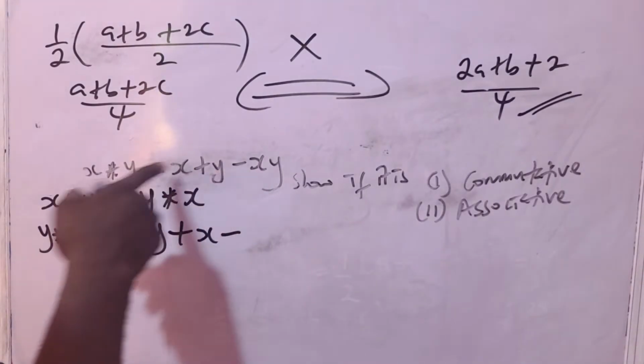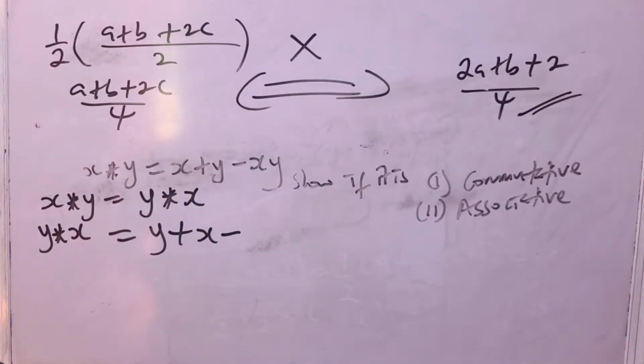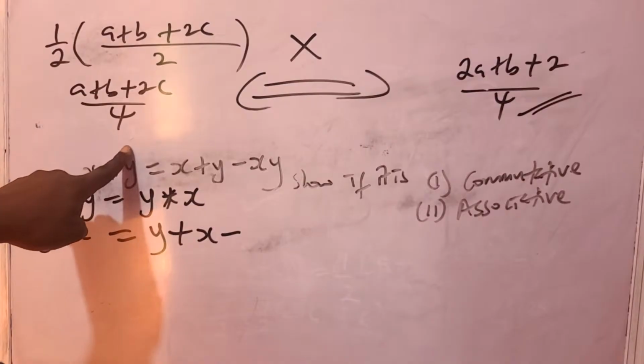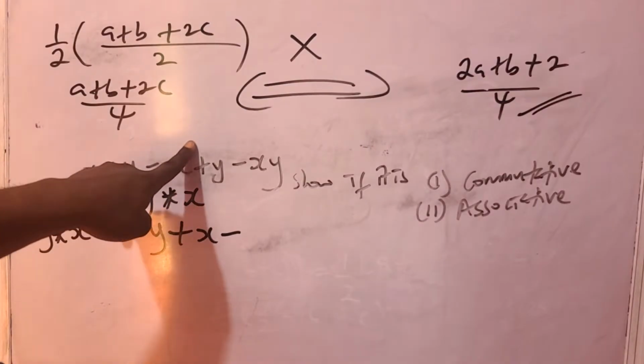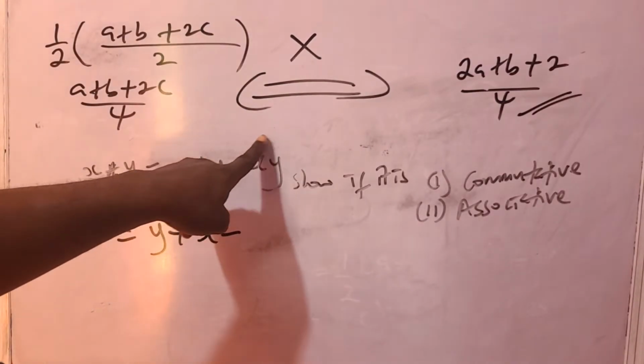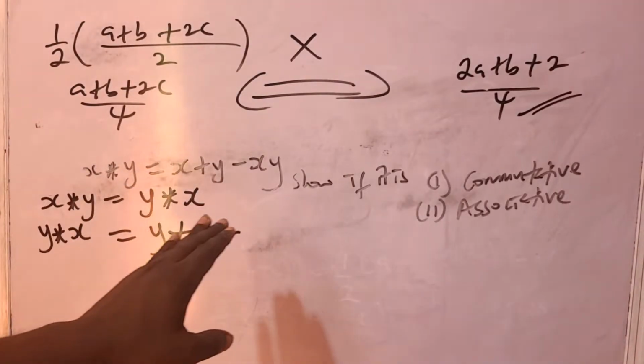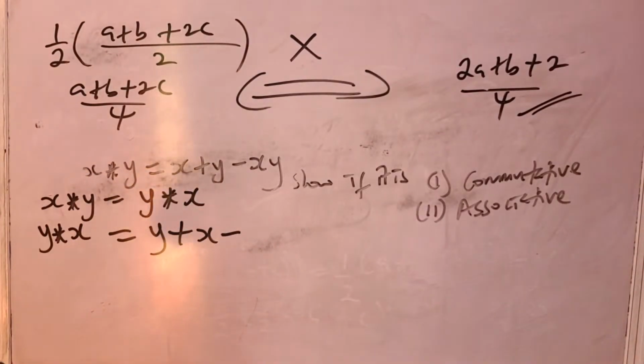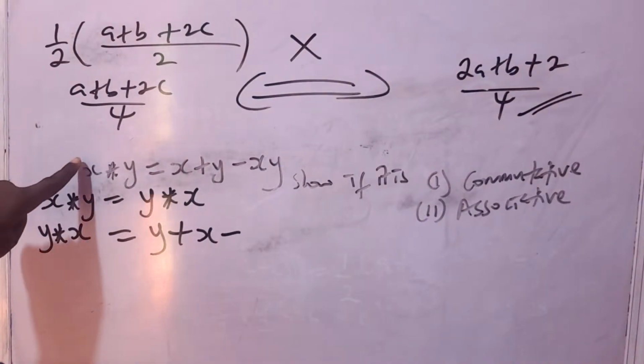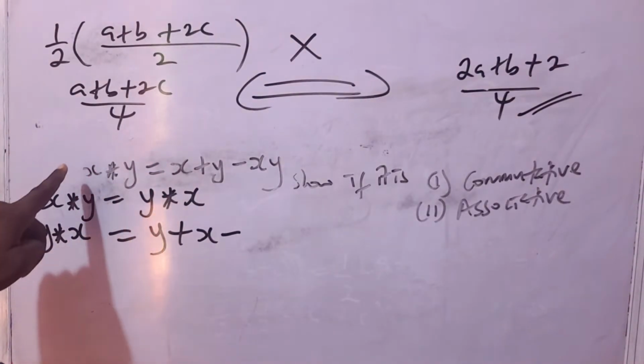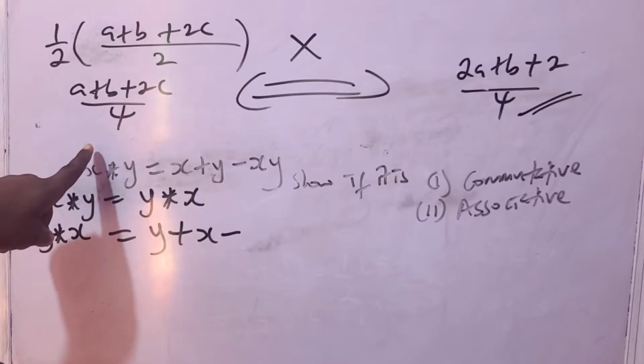Minus, that's why I said I always like you to understand this thing as first star second equals first plus second minus first times second. It's better that way because it is easier to comprehend what's going on. First, second, instead of seeing it as x, y, or something, see it as first.